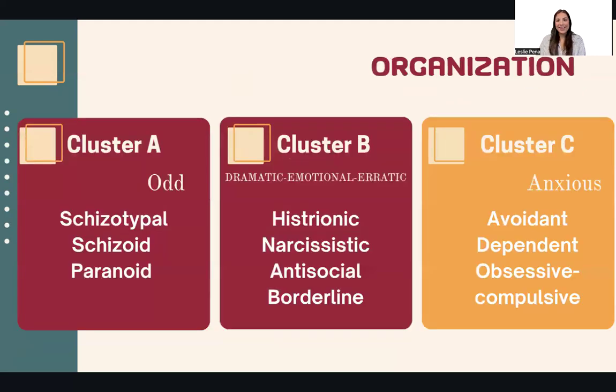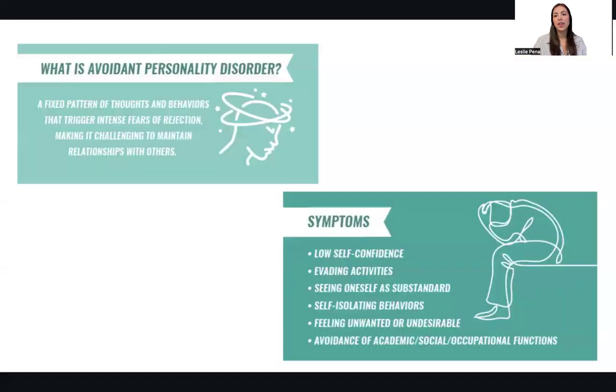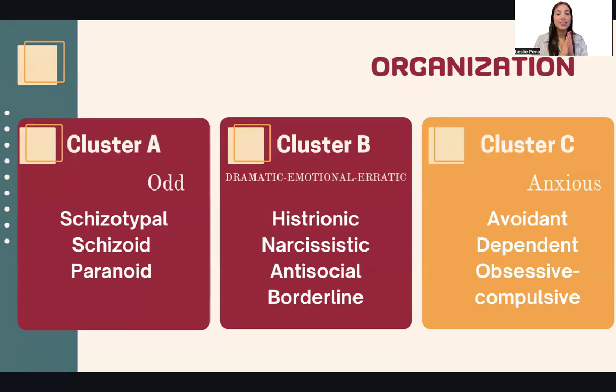And then lastly, we are at cluster C, the anxious ones. So these are avoidant, dependent, and obsessive compulsive. Avoidant personality disorder is a fixed pattern of behavior that triggers intense fear of rejection. So this is like antisocial, avoidant, and what was the other one? Schizoid.